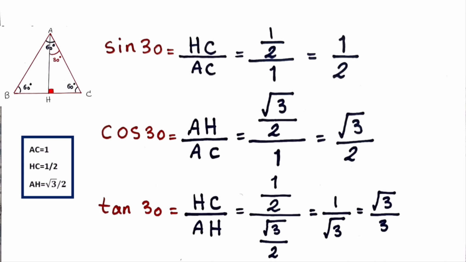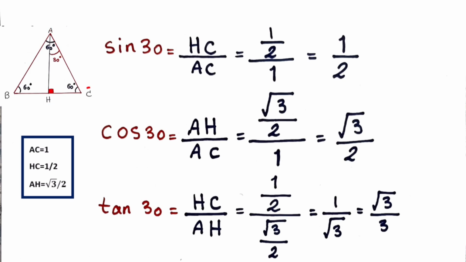The cosine of 30-degree angle is equal to the side adjacent to it, that is AH, divided by the hypotenuse, that is AC. The tangent of an angle of 30 degrees is equal to the side opposite to that angle, that is HC, divided by the side adjacent to that angle, that is AH.